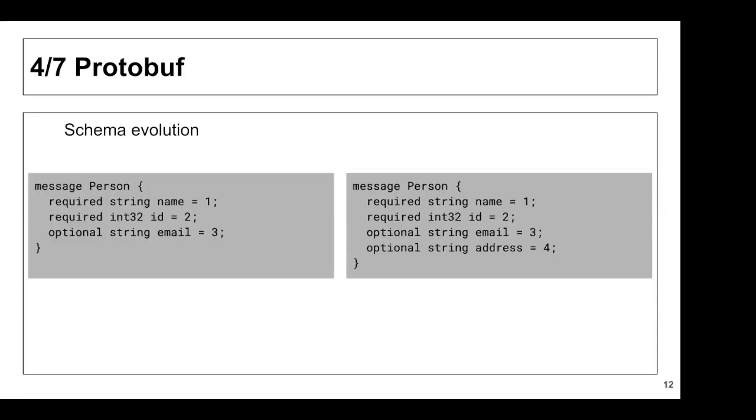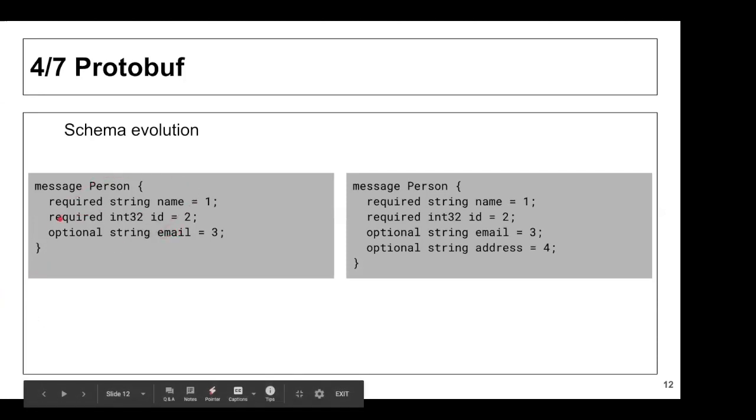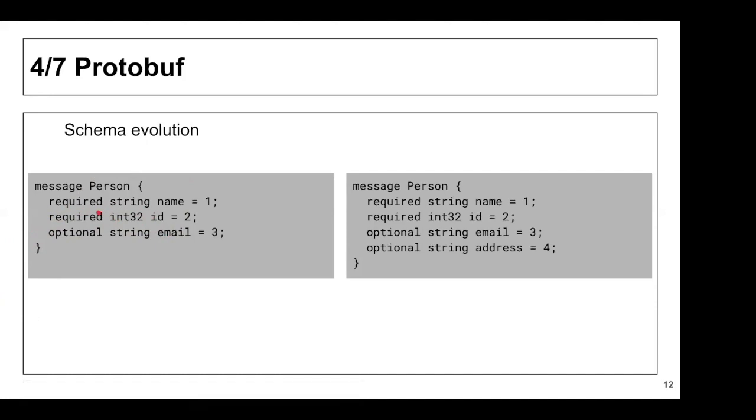Another benefit of using Protobuf is that over time, when we start working on a project, the client's demands keep changing. So in this case, if initially the client asks just to have name, ID, and email, and over time they want to evolve the schema and add the address, even after schema evolution we are not going to break any code on the client side, because we can easily add or remove fields inside the message.